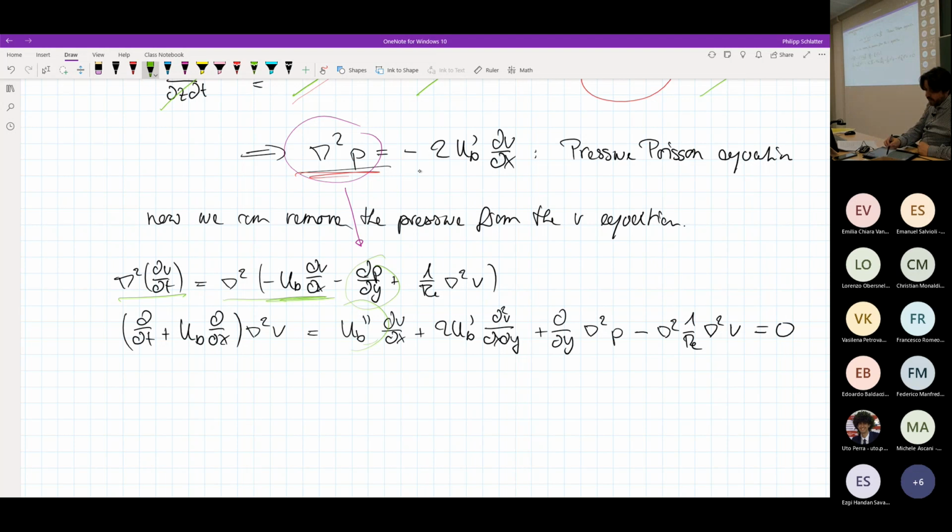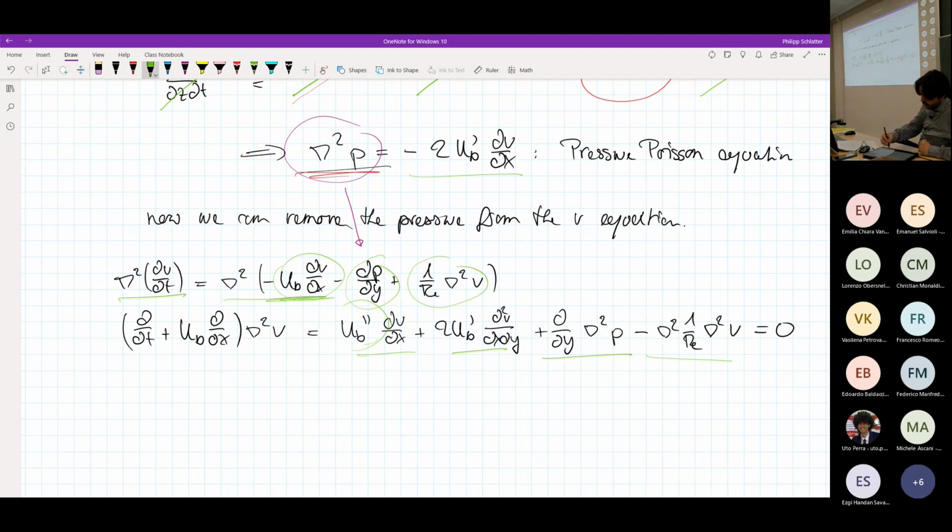The pressure term I have replaced with my pressure Poisson equation, which was, no, I haven't done that yet, it's still here, sorry. This is still here. So this is the inner derivative of this term. And then I have the viscous term, which I just put the nabla in front.